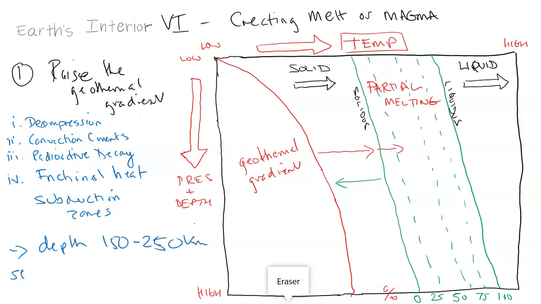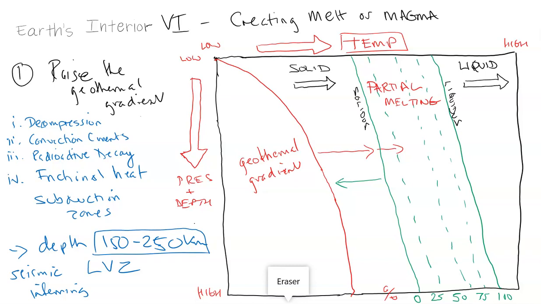In terms of the seismic changes, this would be termed the low velocity zone, where we get a decrease in seismic wave propagation or velocity, inferring that there is enough heat flow generated from these 4 different possibilities to raise the geothermal gradient up towards the solidus and create a partial melting environment at this depth.